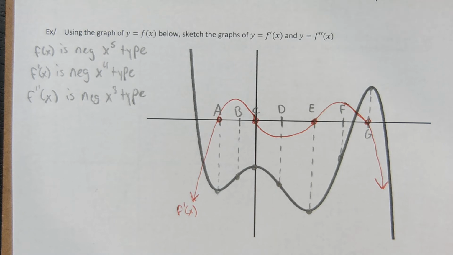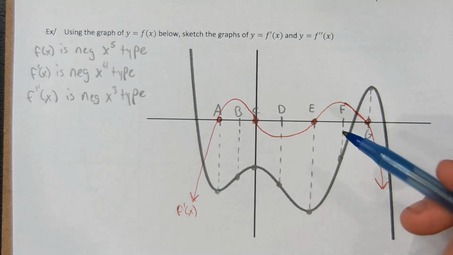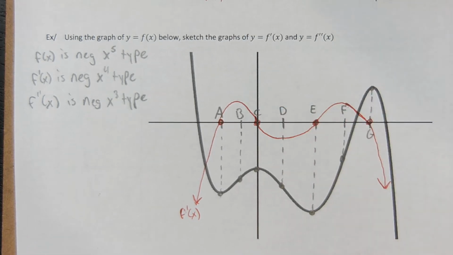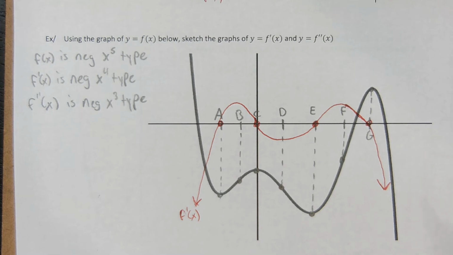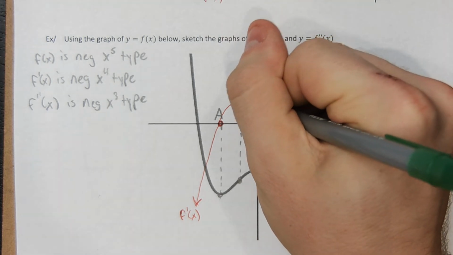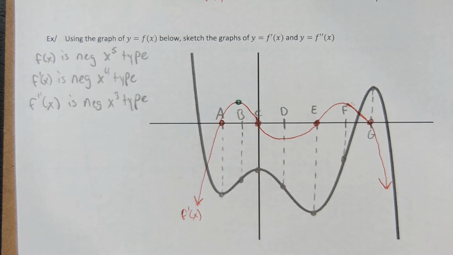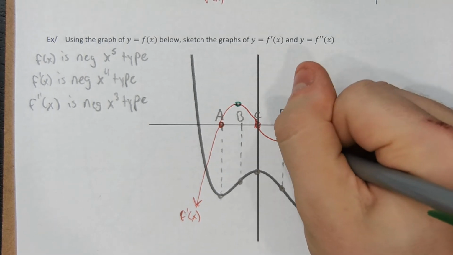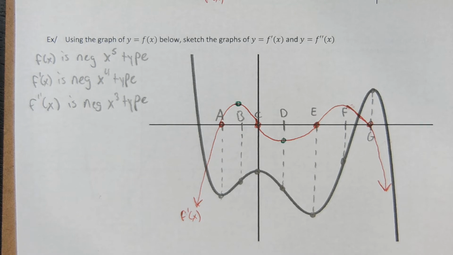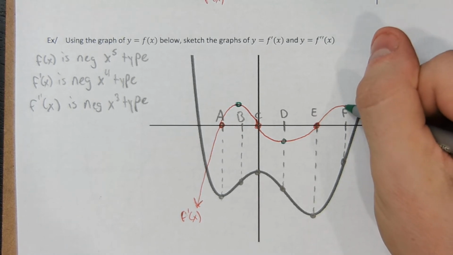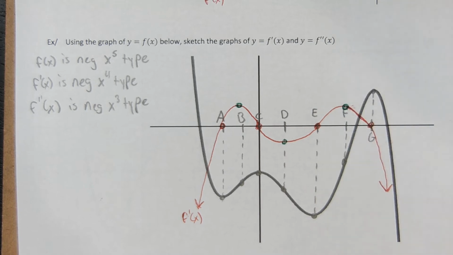Well, it wasn't an accident that these things kind of lined up. Because right here-ish is a flat spot on my first derivative. Right here is a flat spot on my first derivative. Right here is a flat spot on my first derivative.